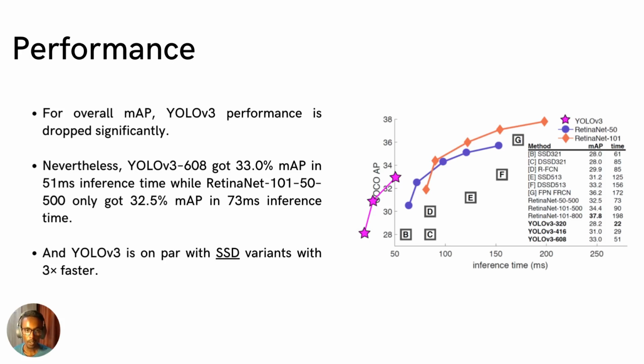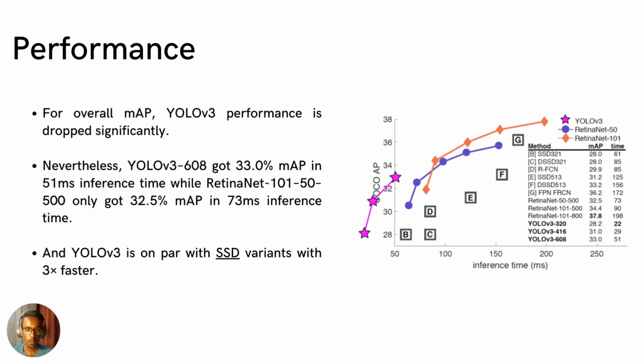As you can see, the YOLO model, in terms of average precision, is not as high as RetinaNet, but in terms of inference time, it is the furthest to the left compared to the rest of the models. So it's very, very fast.